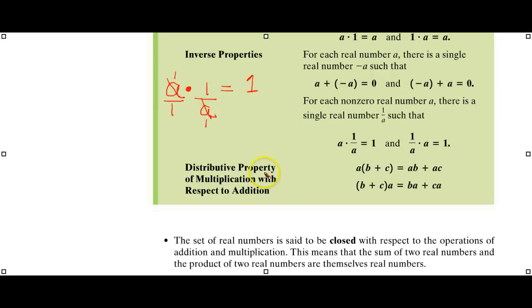And then we have the distributive property in respect to addition, where we have a, and then in parentheses b plus c, where we just multiply these two together, get that, and these two together, and get that. And we could do it backwards too. B times a gets this, c times a gets this.